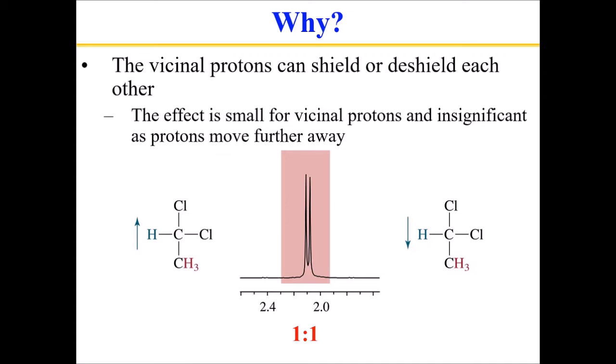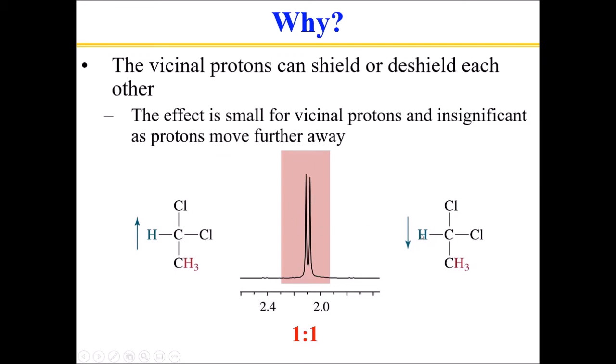But 50% of the time, this blue hydrogen will be lined up against the externally applied magnetic field. That provides a very small shielding effect. So 50% of the time, these red hydrogens don't have to use as much energy to flip, and that causes the shift value to drop down a little bit.